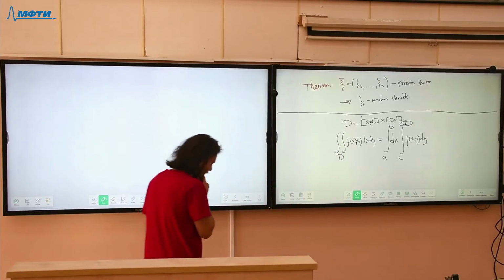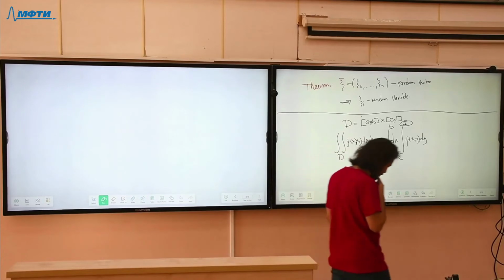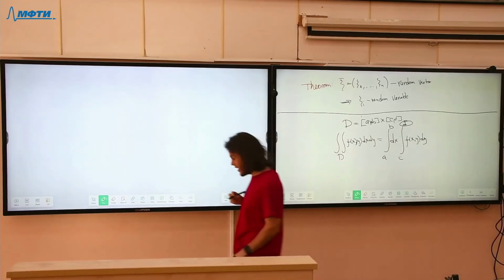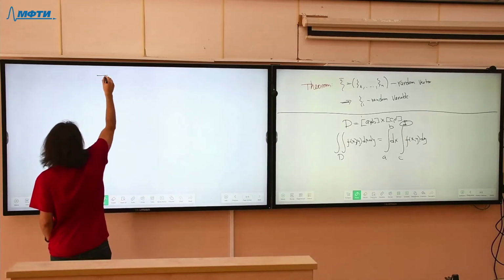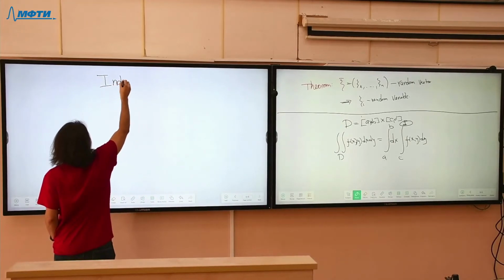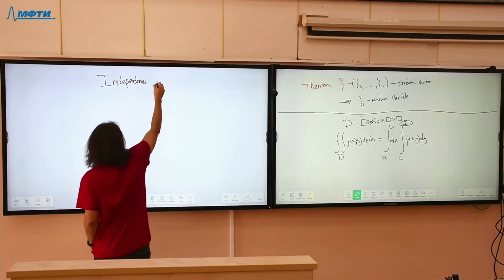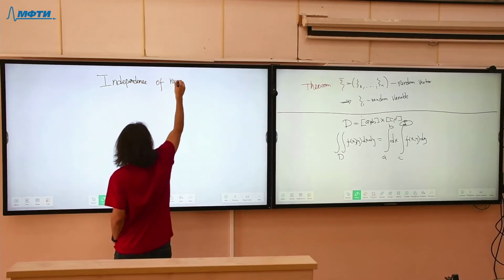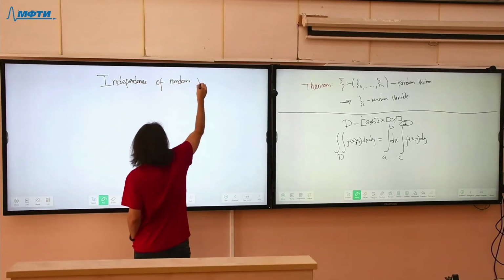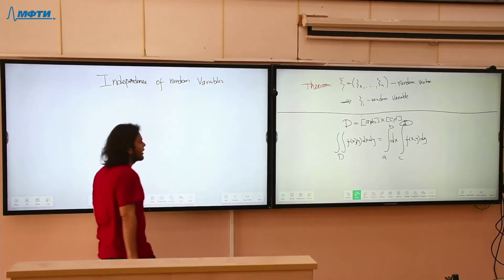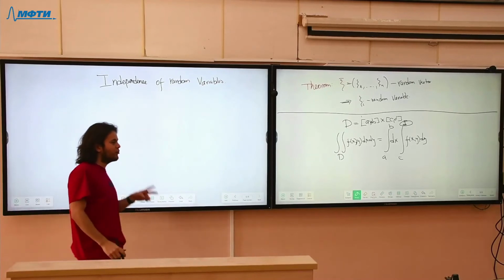Now we can move forward and we can talk about independence. Again, in which case are two random variables independent?